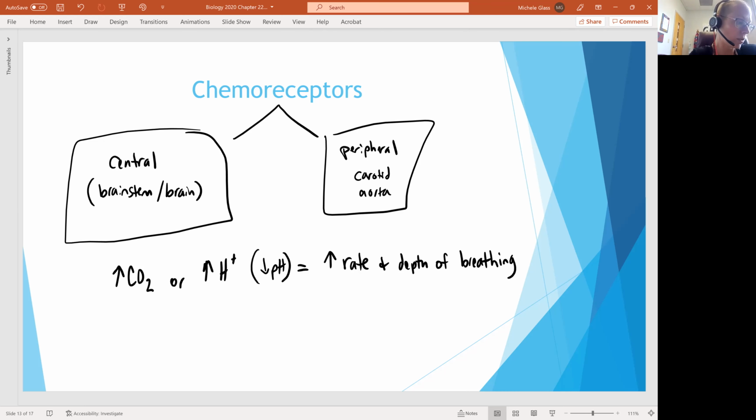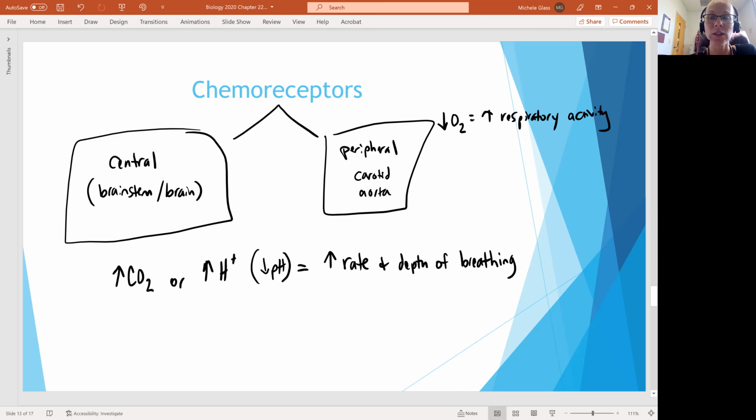And we'll see also if you have a decrease in your oxygen levels, and we'll see that more from the peripheral receptor. So we'll kind of connect it over here. If you have a decrease in your oxygen levels, then that's also going to trigger an increase in your respiratory rate or activity.